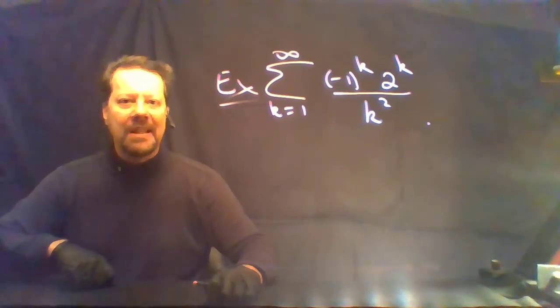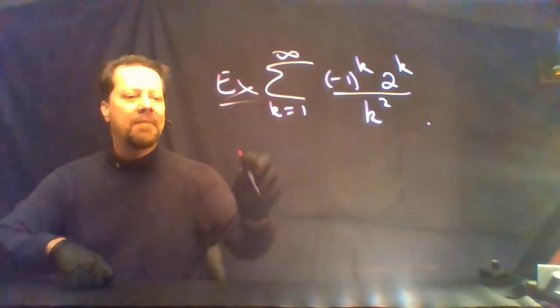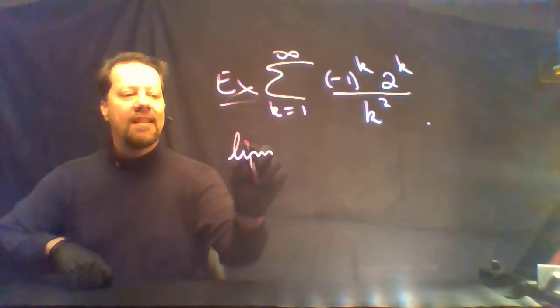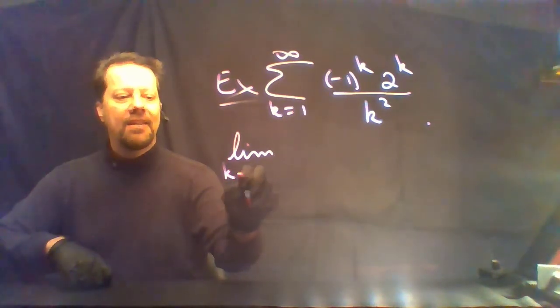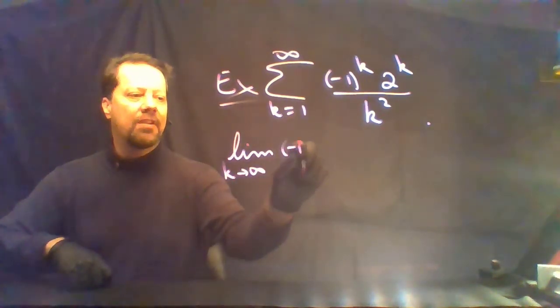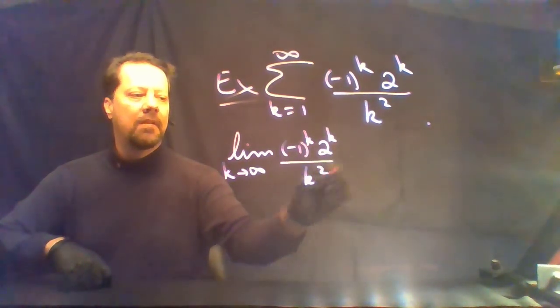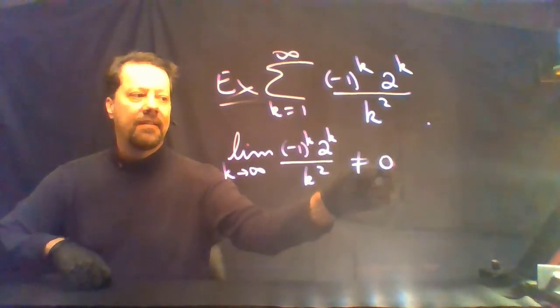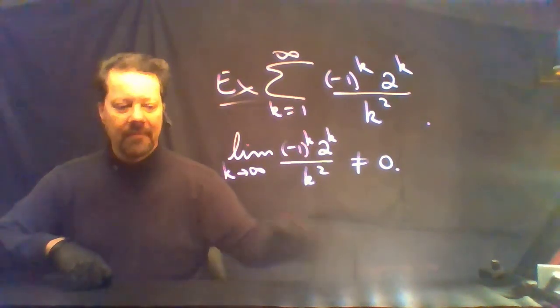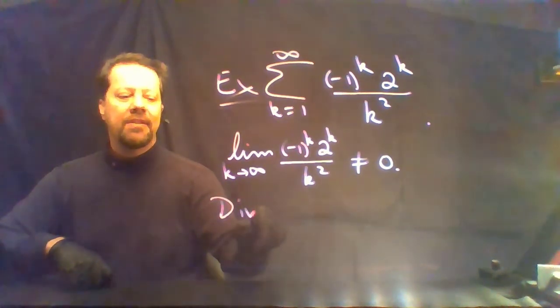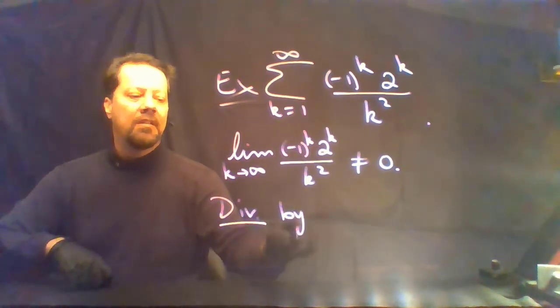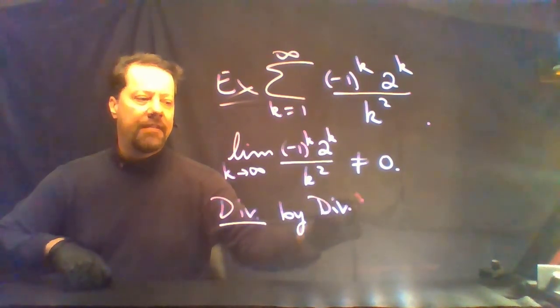Exponential growth beats polynomial growth every time. We can see that the limit as k goes to infinity of these terms, whatever it is, is not 0. That means this series diverges by the divergence test.